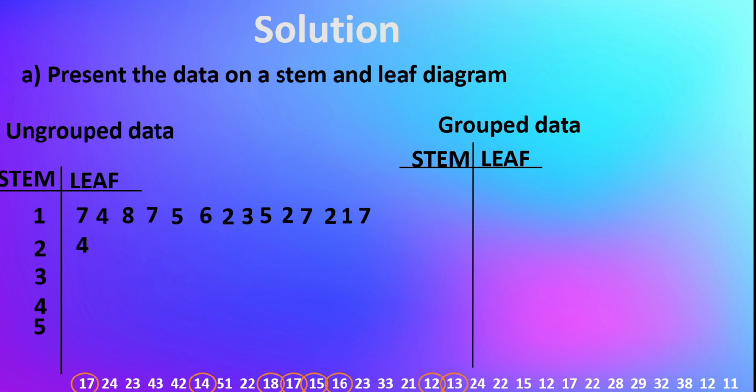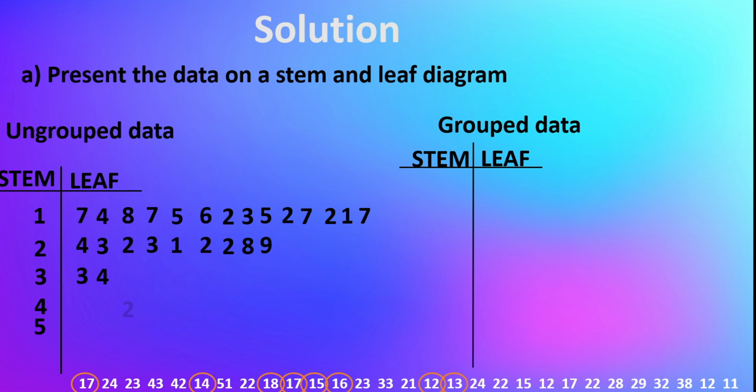So we have 24, we write 4, we have 23, we write 3, we have 22, we write 2, we have 23, we write 3, we have 21, we write 1, we have 24, we write 4.